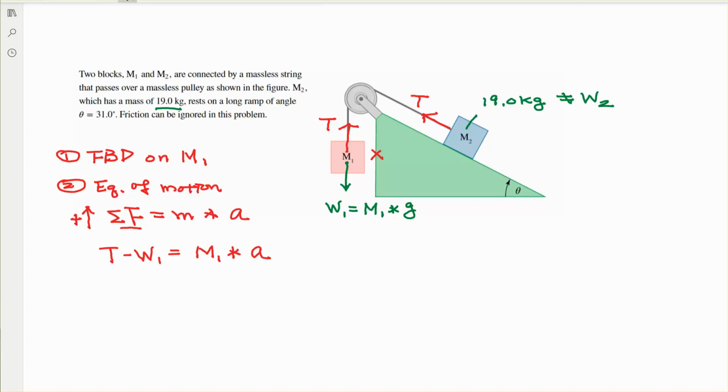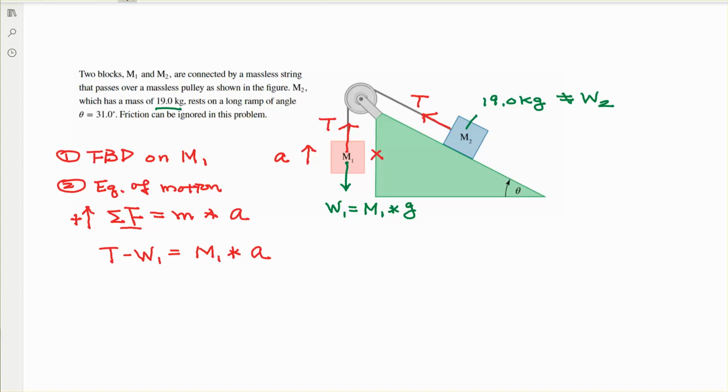If this one moves, what do you think the acceleration direction is going to be? The acceleration will also be going upwards if the net force is upwards. If the weight is heavier, that means this block is going downwards. If the tension is larger, then this block will go upwards.